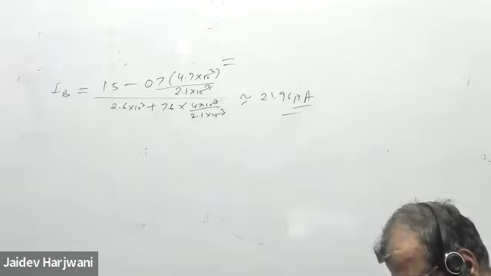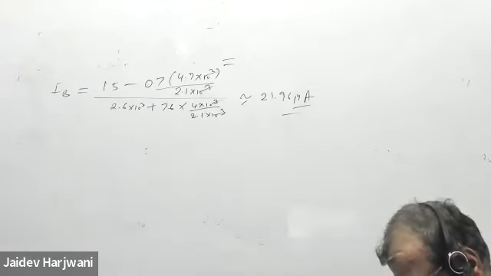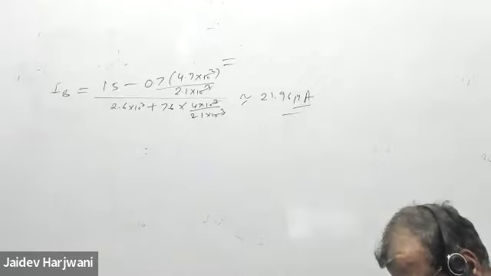How much is coming, Sharlene? Have you solved? I'm getting around 15.8 for IB. Check it, please. Any other student?